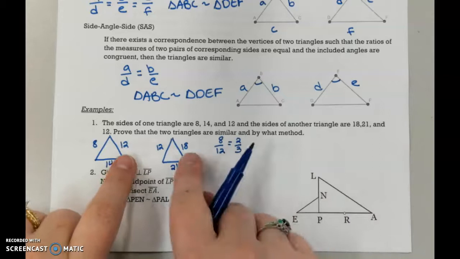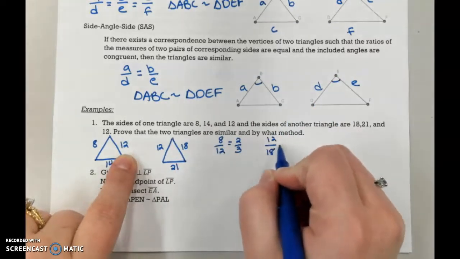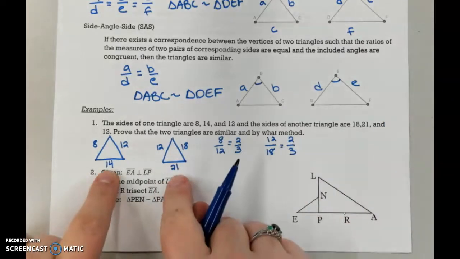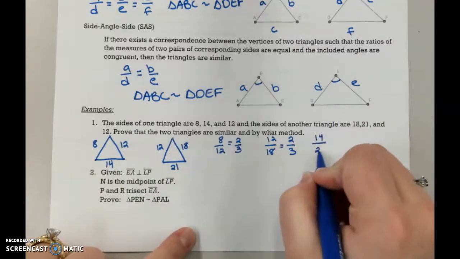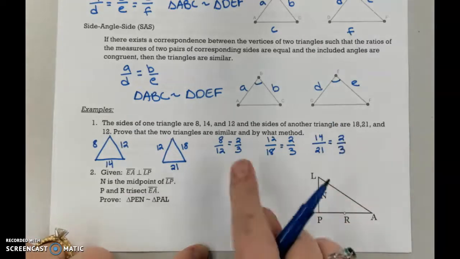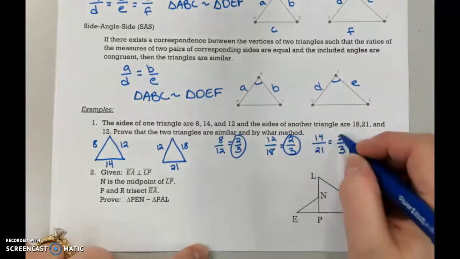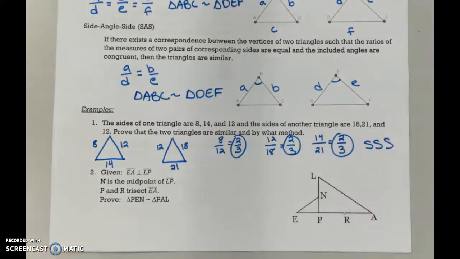Then my second largest sides would correspond, so 12 over 18, that also simplifies to 2 over 3. And lastly, my two largest sides, 14 to 21, that also reduces to 2 to 3. So the ratios for all of the corresponding sides are equal, so I can prove that these are similar triangles by side, side, side.